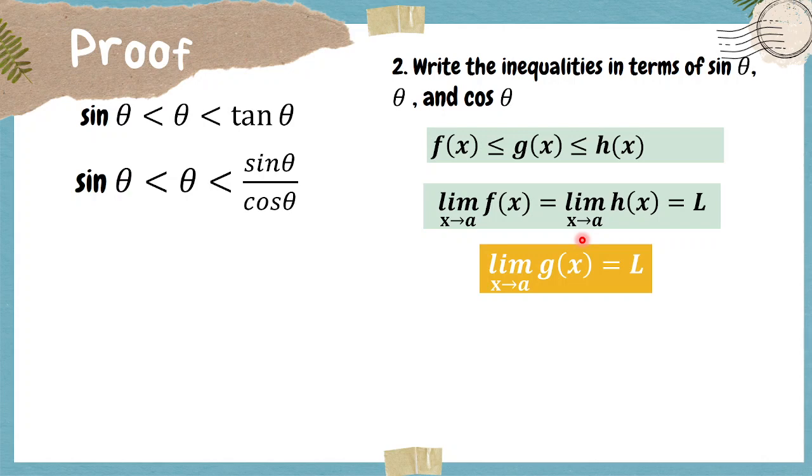Now how are we going to do that? We get the limit of the function sine theta, but first we have to simplify this one, right? Remember that we are in a unit circle. What do you think is the maximum value of sine theta here, if we are in a unit circle?